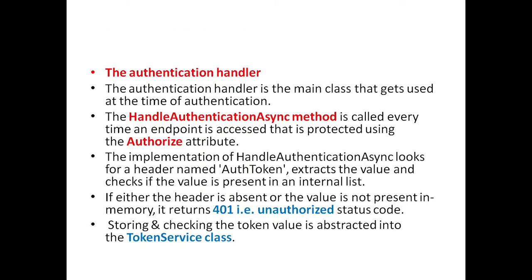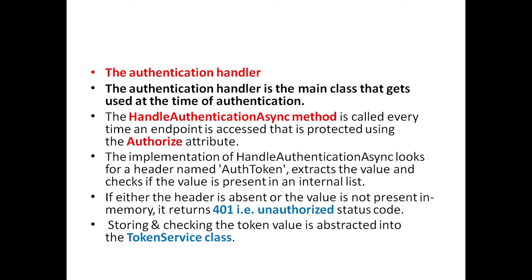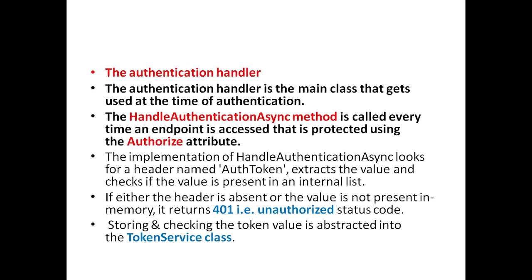The authentication handler is the main class that gets used at the time of authentication. The HandleAuthenticateAsync method is called every time an endpoint is accessed that is protected using the Authorize attribute.